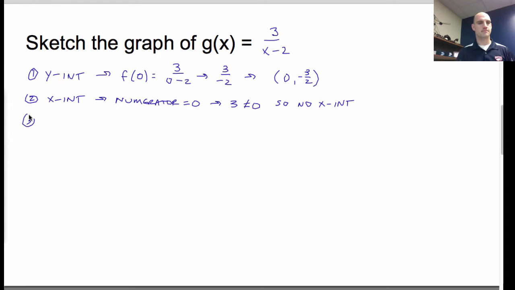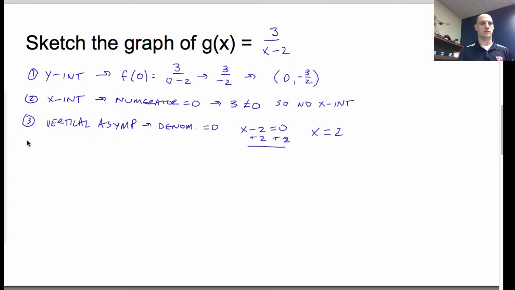Number 3, we're going to find the vertical asymptotes, and that's where the denominator is equal to 0. So I'll just set x minus 2 equal to 0. I add 2, so x equals 2 is a vertical asymptote. And in 4, I'm going to find the horizontal asymptote.